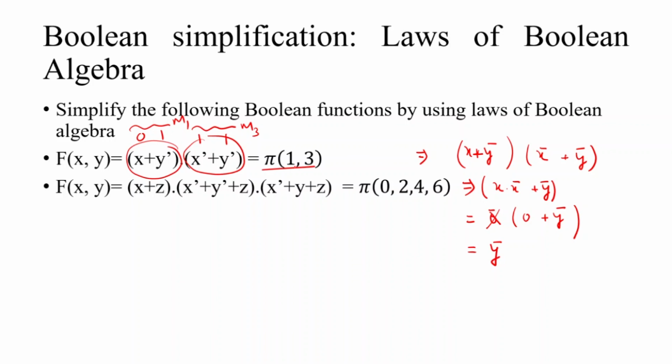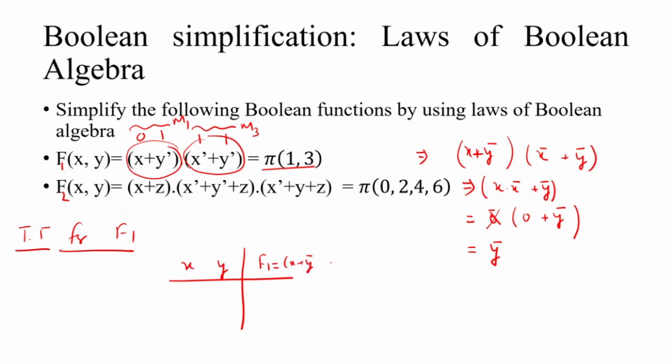When we design a truth table for the function, suppose this is function f1 and this is f2, what is the truth table for f1? This function is written in POS form. What will be the output? X and y are the two inputs, and the output f1 is x plus y complement dot x complement plus y complement.